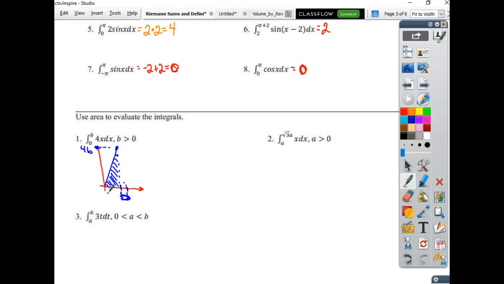So when I look at this integral, I can say the integral from 0 to b of 4x dx is equal to 1/2 the base, which is b, times the height, which is 4b. And we get an answer of 2b squared. We wash our hands and we walk away.